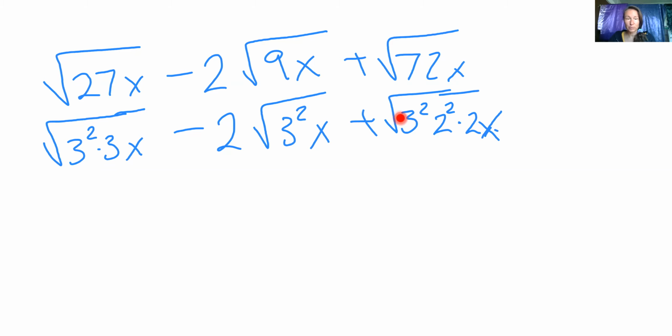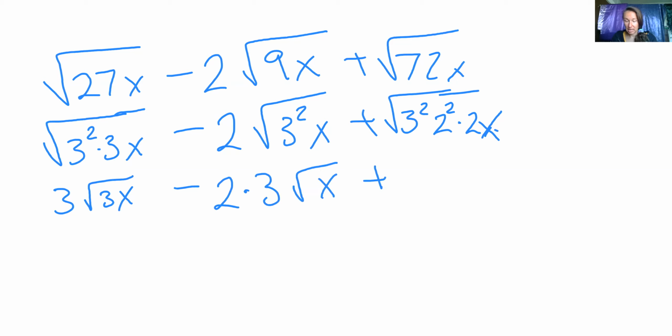So now let's pull out all our perfect squares outside of our square roots. So we've got over here a 3 root 3x minus 2 times 3 root x plus, we're pulling out a 3 and a 2, but that 2x is stuck inside, okay? So notice what happens as we pull stuff out.